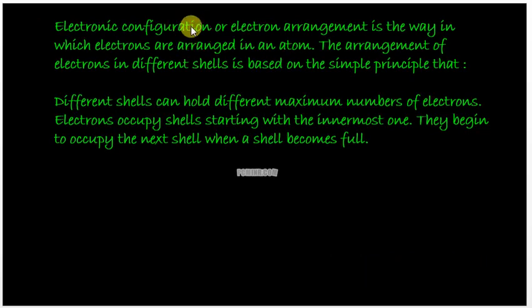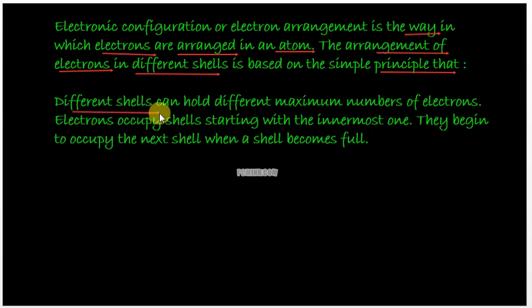So let's start with electronic configuration. Electronic configuration, or the electron arrangement, is just the manner in which electrons are arranged in an atom, and that arrangement of all the electrons in different shells is based on a simple principle: different shells can hold different maximum numbers of electrons.